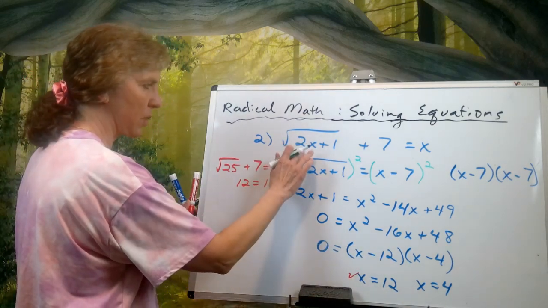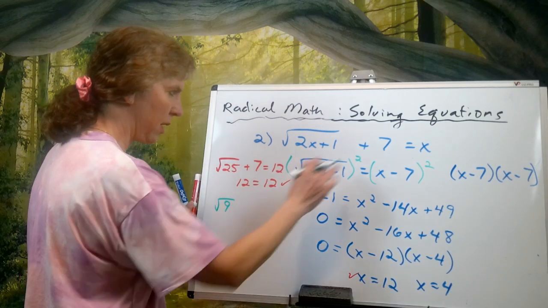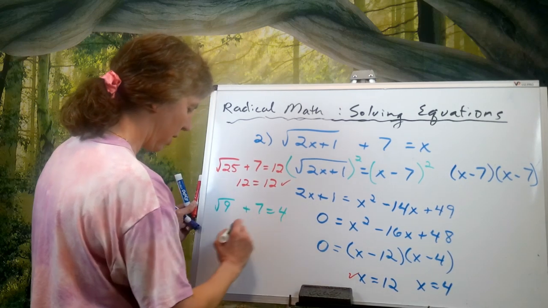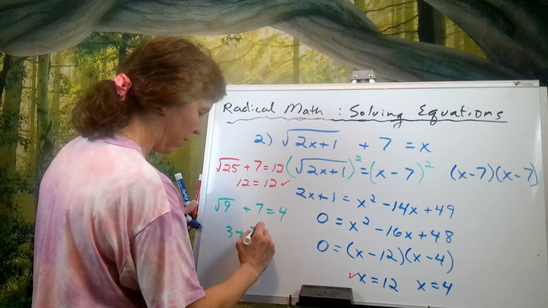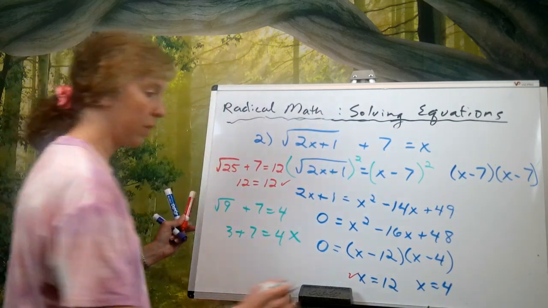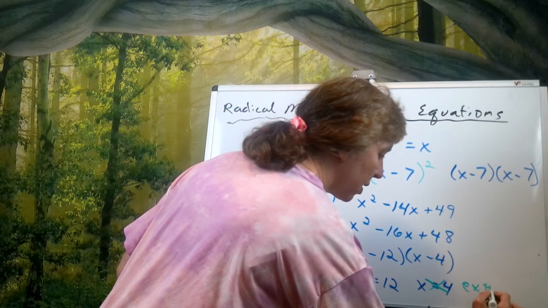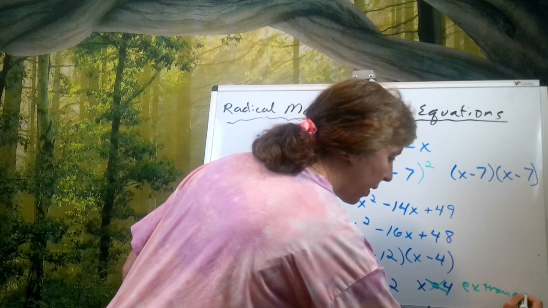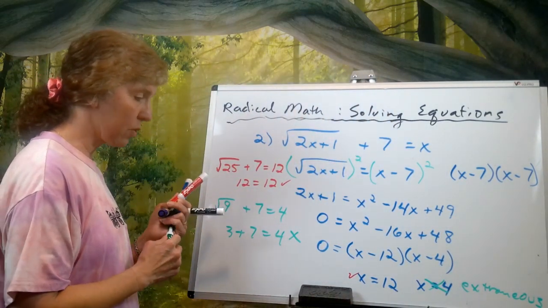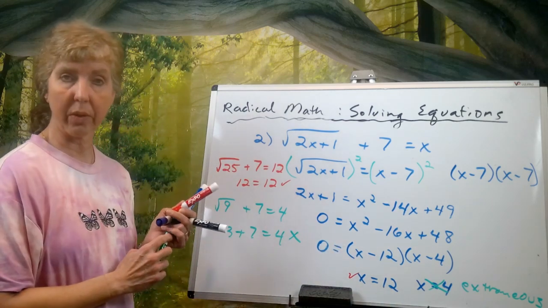So 4 times 2 is 8, plus 1 is the square root of 9, plus 7 equals 4. So 3 plus 7 equals 4, not true. Okay, so this one is extraneous, and therefore it's not a solution. The only solution for this equation is x equals 12.